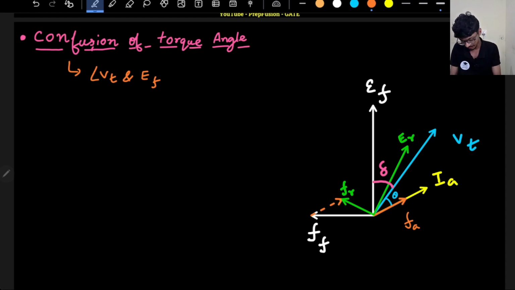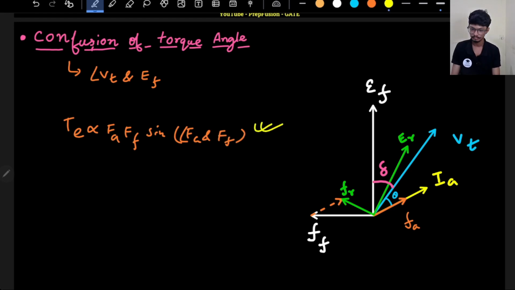Now you might say, sir, previously you had said torque is proportional to Fa, Ff, and the sine of the angle between Fa and Ff. Is this wrong? This is correct, but this is not the torque angle. Torque is also proportional to Fr, Ff, and the sine of the angle between Fr and Ff, just the constant will change. This is also correct, but this is not the torque angle.